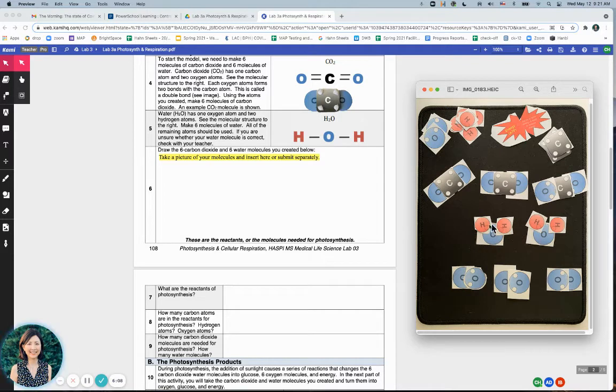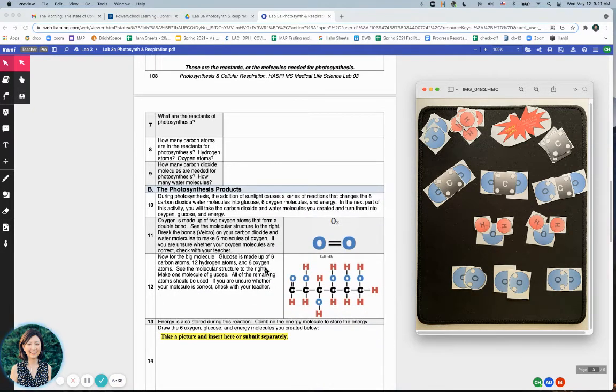So this is a water molecule, and this is a water molecule, and this is a carbon dioxide, this is a carbon dioxide. So you already know right here that you had 6 carbon dioxide molecules and 6 water molecules. So for question 9, you're just asking how many of these molecules, and for question 8, how many individual atoms of oxygen, carbon, and hydrogen do I have?